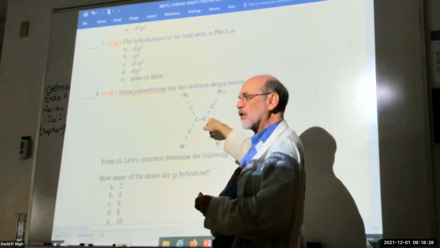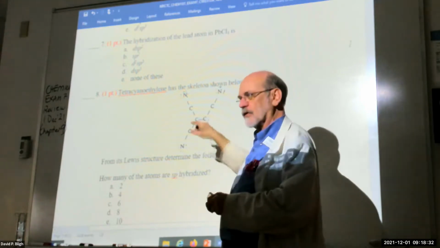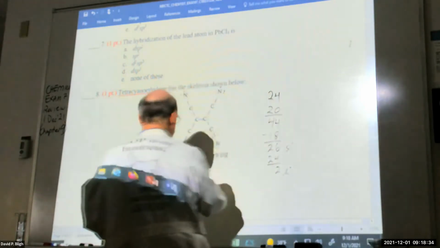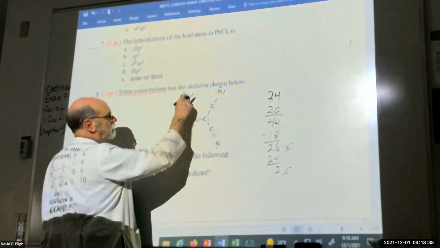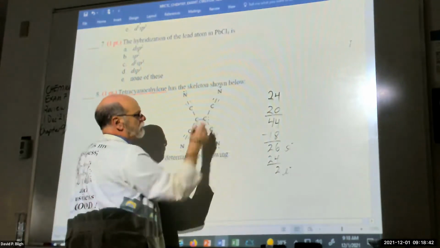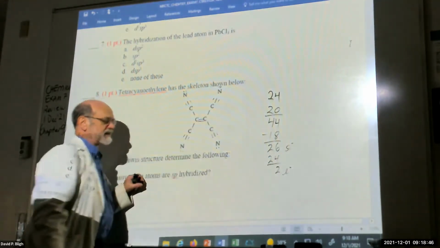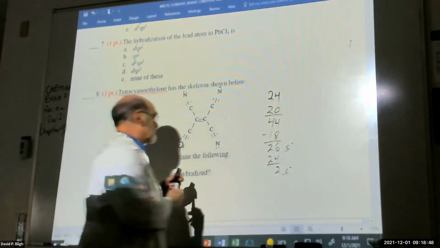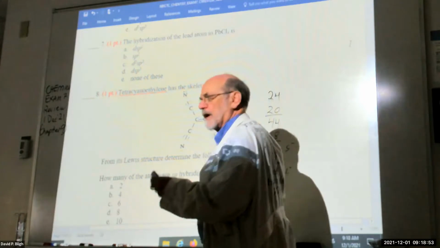And that would leave this lone pair free to satisfy the octet for these 2 central carbons. So if we do that for each one, there we go. Now we can move this one over here and make that double bond. And that gives us octet, octet, octet, all the way around.